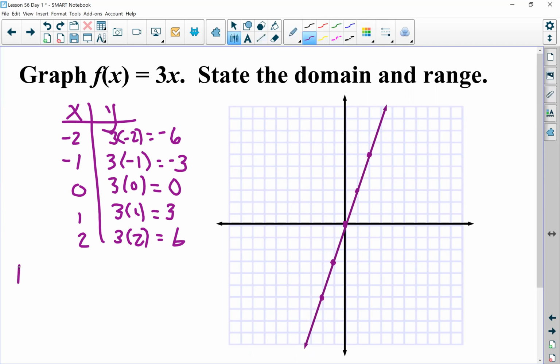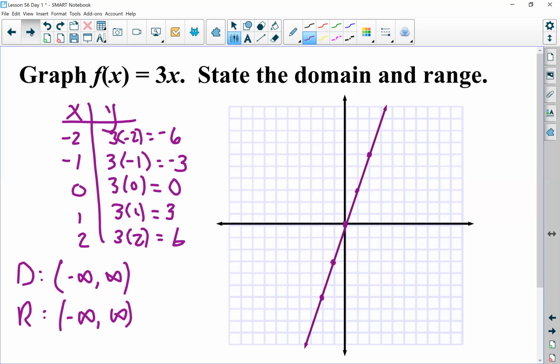The domain, I'm just going to use the letter D. Again, we can plug in anything. -infinity to +infinity. And the range also -infinity to +infinity. You could also write all real numbers. That would work.